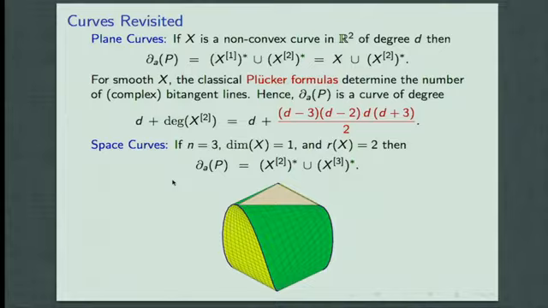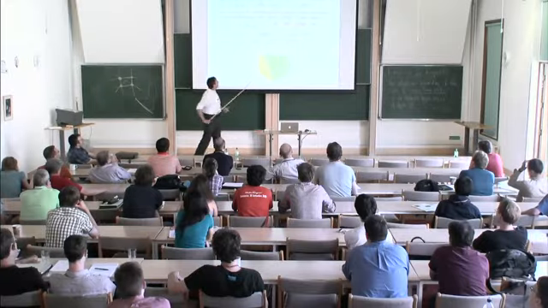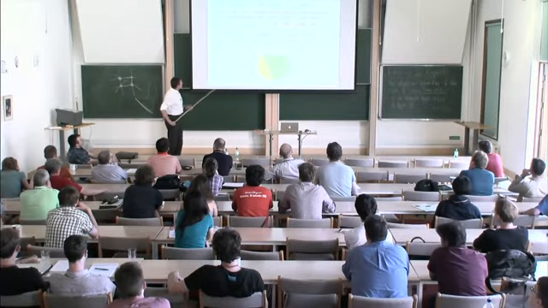One feature is the curve itself, and the other feature is the bitangent lines. Those are X^2 dual. And then the classical formulas count the number of bitangent lines, and those, Pablo, can be all real.